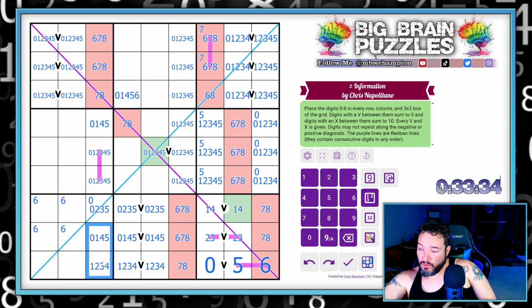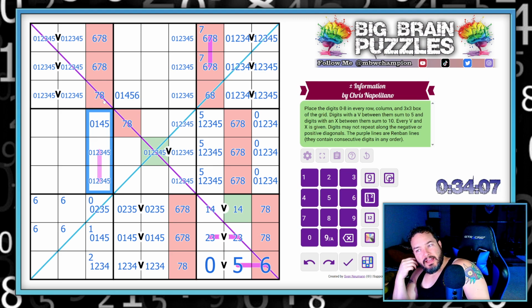A 1 or a 4 has to be somewhere right here. So let's just say this is the 1. And then a 2 and a 3 has to be somewhere here. So let's just say this is the 2. That means the other from 3, 4, 5 is going to have to be here.